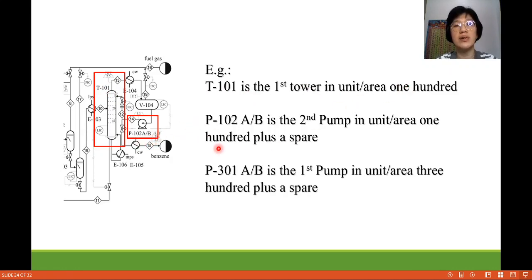So as I mentioned to you, if it is with A/B, meaning the second pump in the unit area of 100 is having a spare unit, and say we have P301 A/B. This means that this is the first pump in the unit or area of 300, and the spare unit is also available.